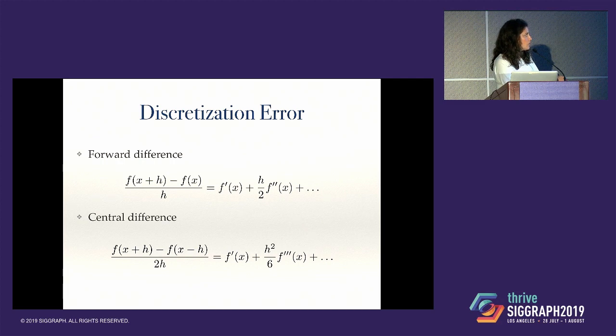This is that order h term, h over 2 f double prime. And then there's other terms that depend on h squared, and so on and so on. Whereas over here for central difference, here's our first error term, h squared over 6 f triple prime. So these are sometimes important to know about, too, because they affect the qualitative behavior of the method.